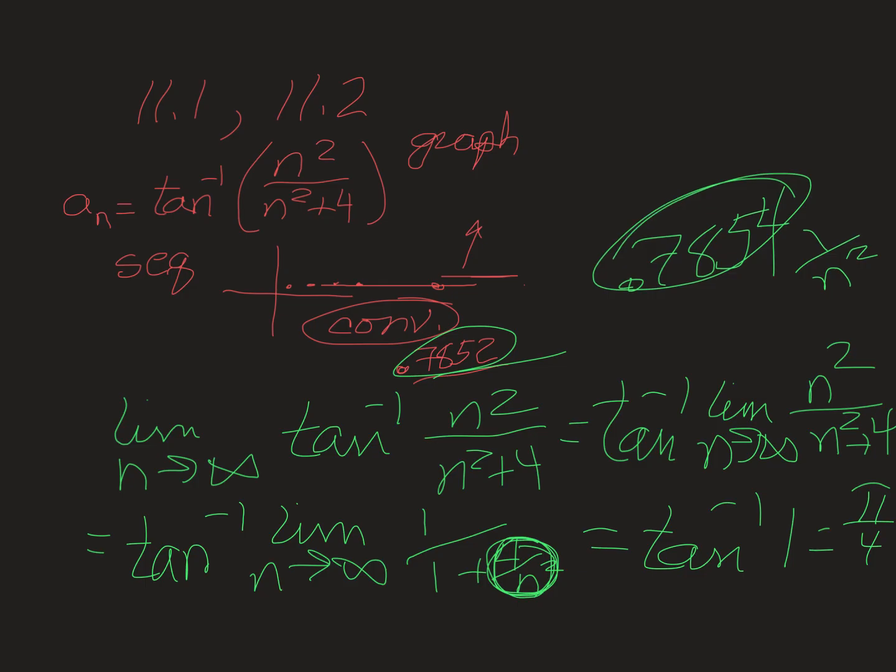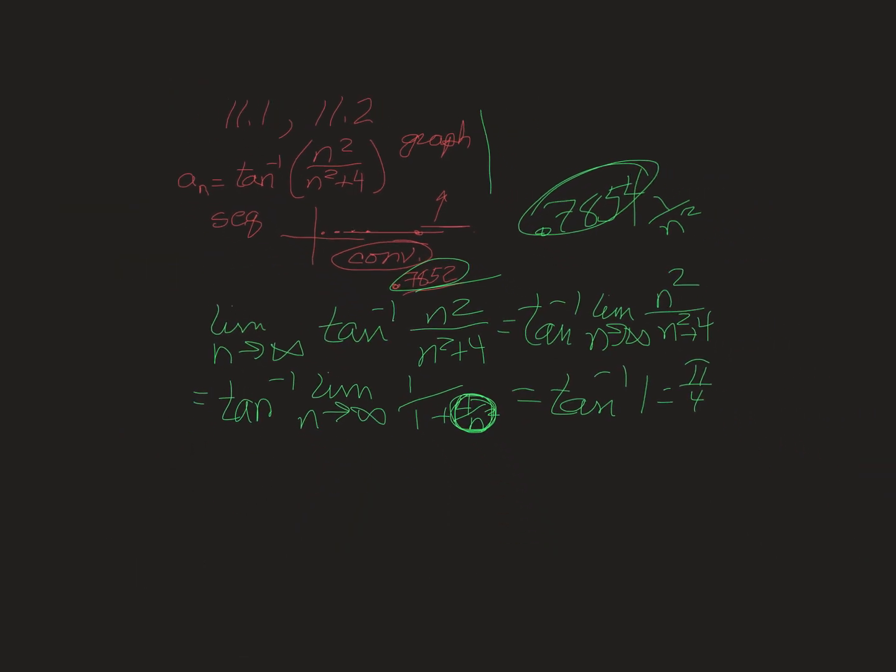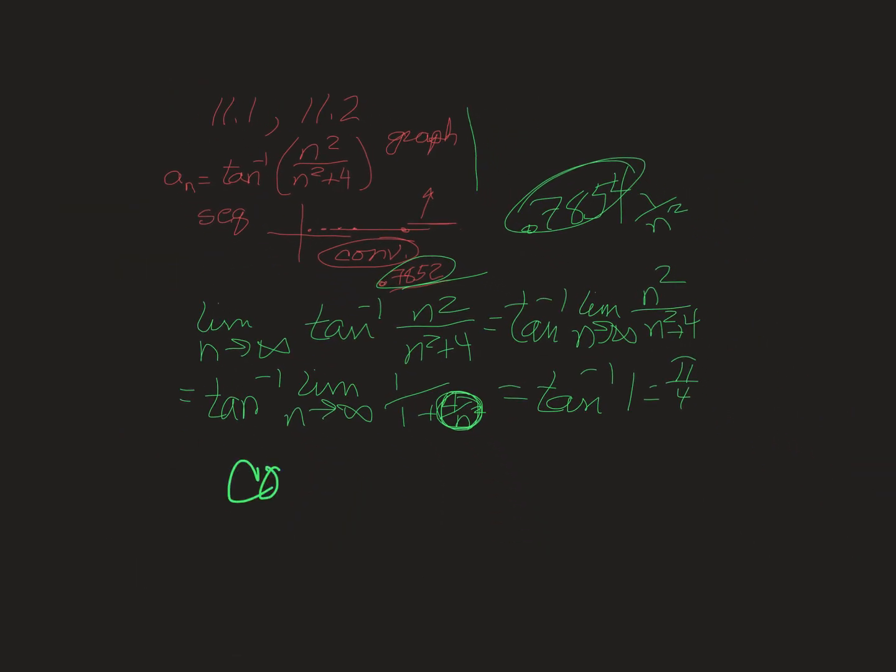So this one is convergent, and it converges to pi over 4. I would make sure to say it converges to pi over 4. And there you go. That's that problem, a graphing problem.